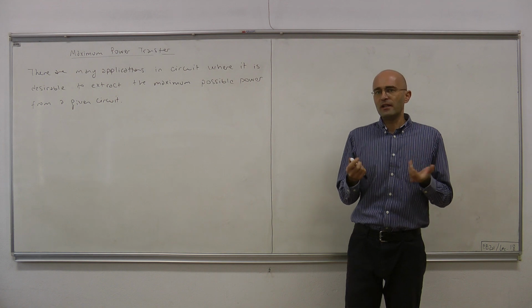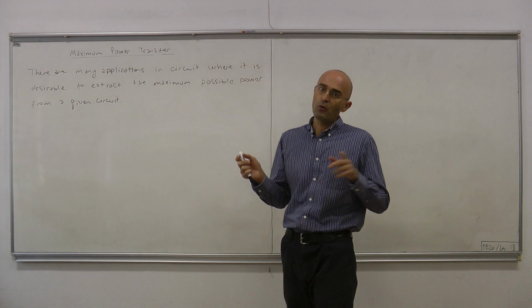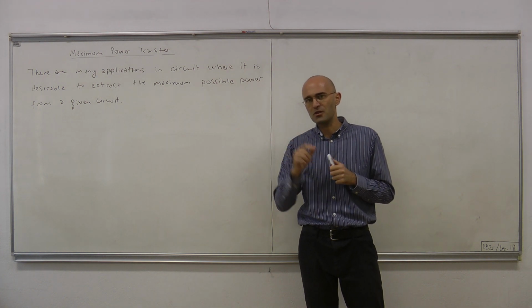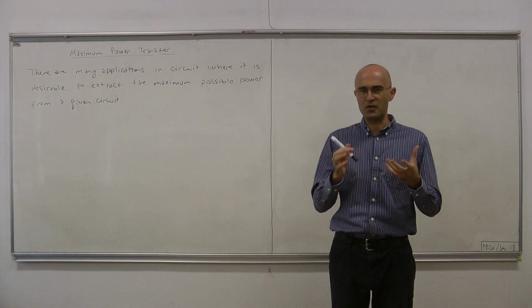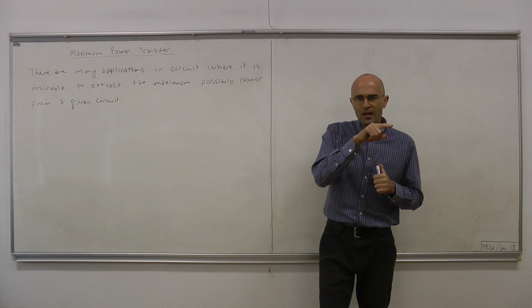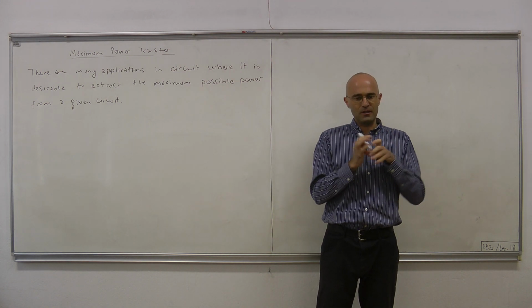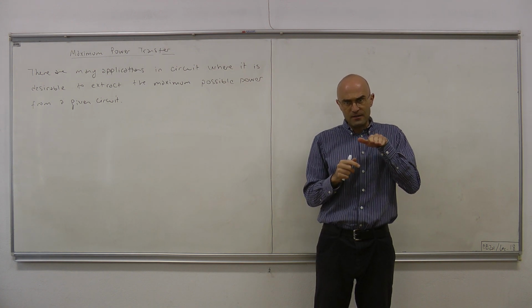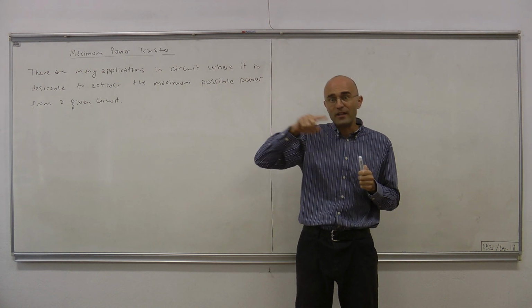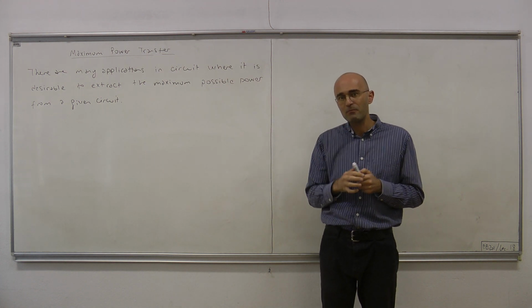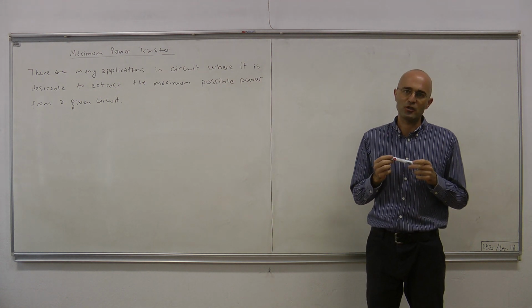So clearly, the answer must be somewhere in between. It turns out that as you play with the resistance of that resistor, your design parameter, the shape of the power curve is quite regular. It makes a single bump, and at the peak of that bump is where you extract maximum power.